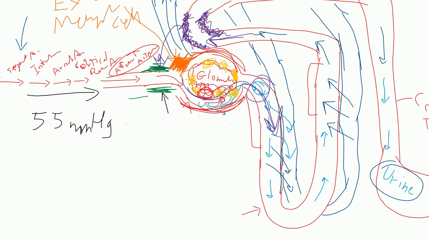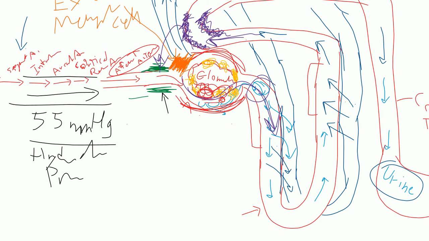But once it gets into the glomerulus, now you've got a couple more pressures that go against this 55 millimeters of mercury, which is, by the way, a hydrostatic pressure. Just by the sheer fact that the blood carries all the pressure into the kidney.